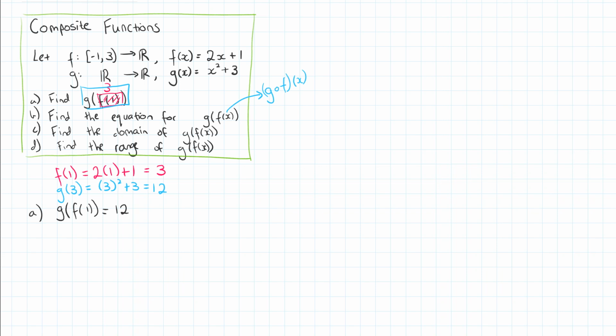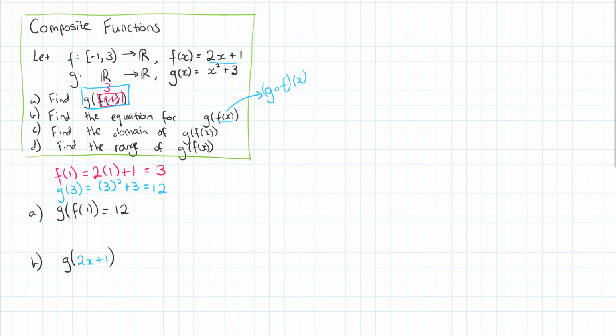So part B gets us to do the same thing, but instead of substituting a number, we're going to just leave x as it is. So I'll start by writing out g here. And instead of writing f of x, I'm going to substitute what f of x is in here. So I'll write g of 2x plus 1.